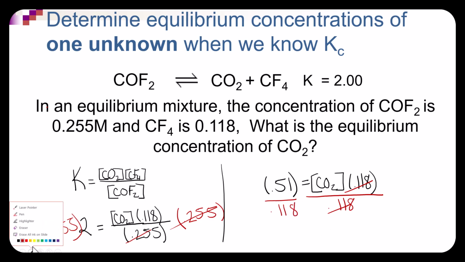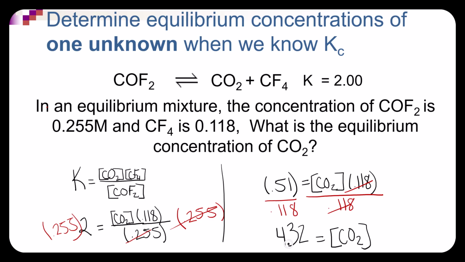From this step, I get the concentration of carbon dioxide is, I'm going to plug this into my calculator, 0.51 divided by 0.118, and I get a value of 4.32. And then we also always want to consider units. We know this is a measurement of concentration, so the units here are going to be molarity.